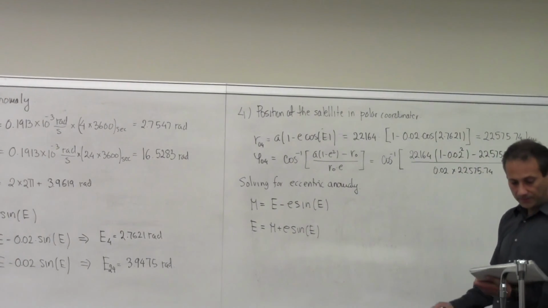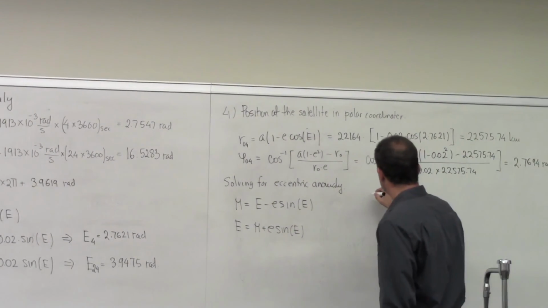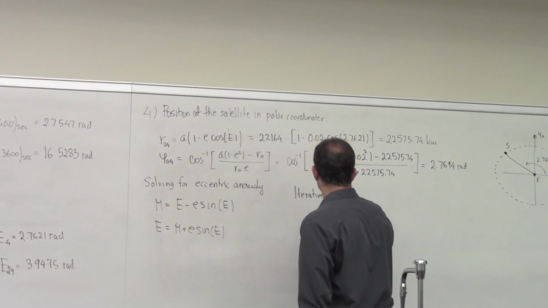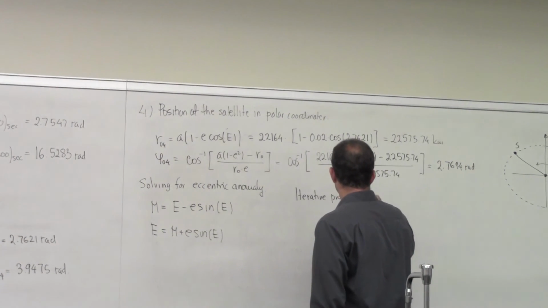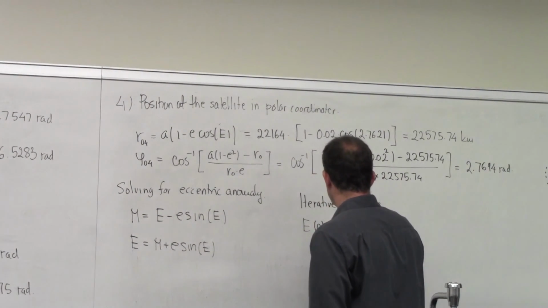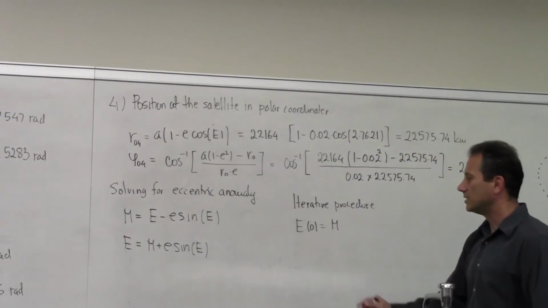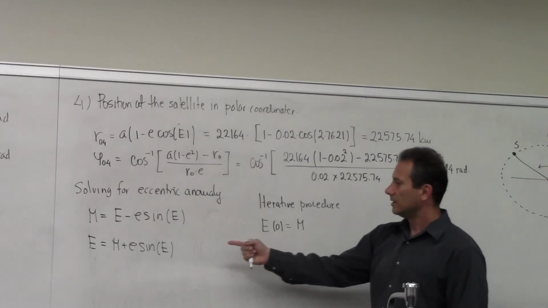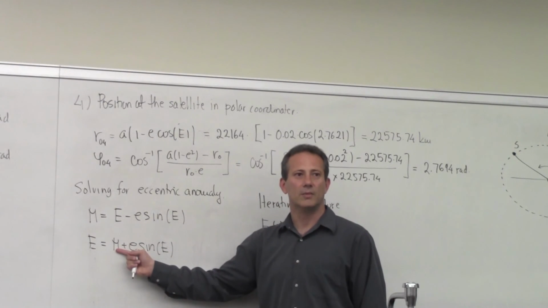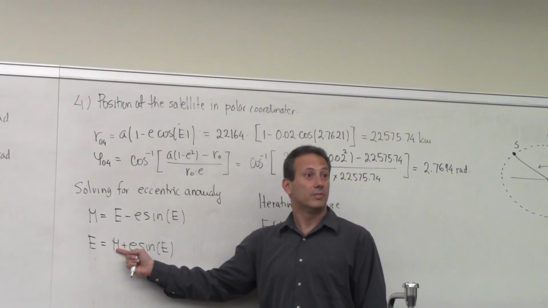Let's define the iterative procedure. I say my E of 0 is equal to M. So I start by guessing that my eccentric anomaly is the same as my mean anomaly. It's not, but it's close.